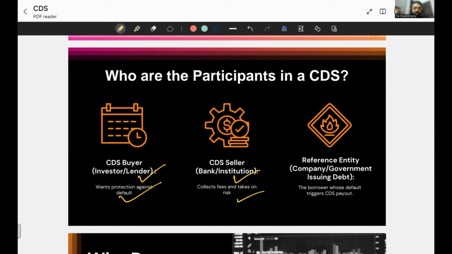And the third participant in the CDS contract is the reference entity. It can be a company or a government, which is issuing the debt. So in the example, your friend was issuing the debt to you or to me, right? So he was the reference entity in the example.